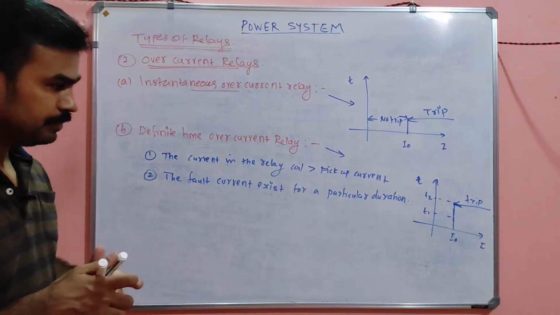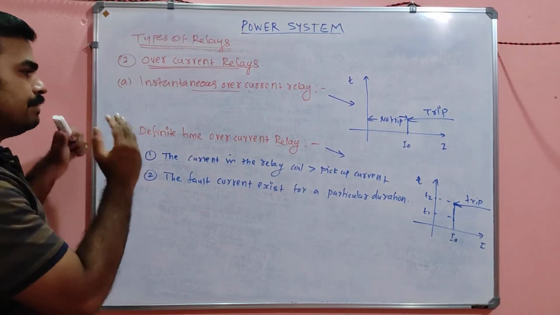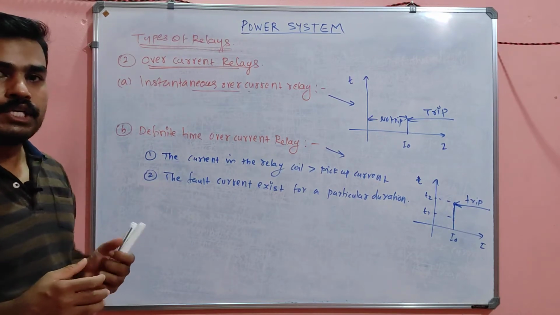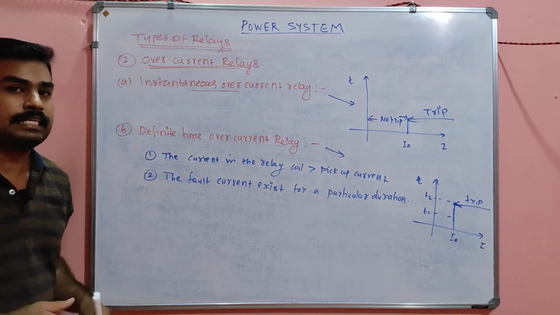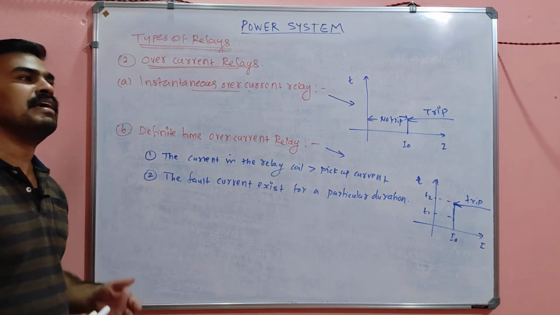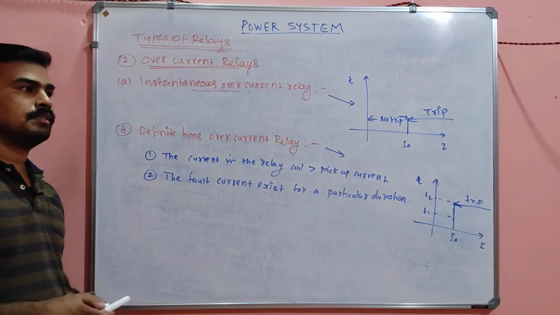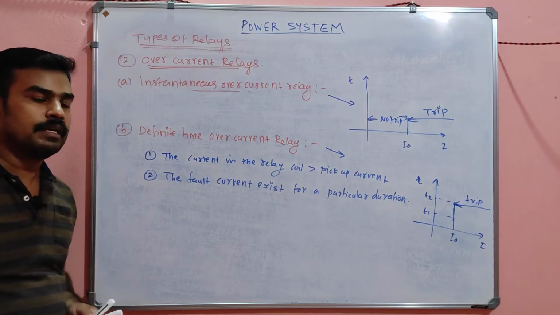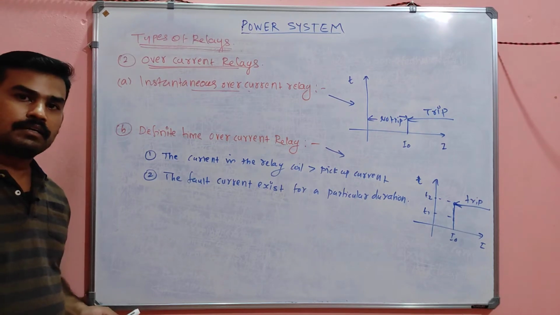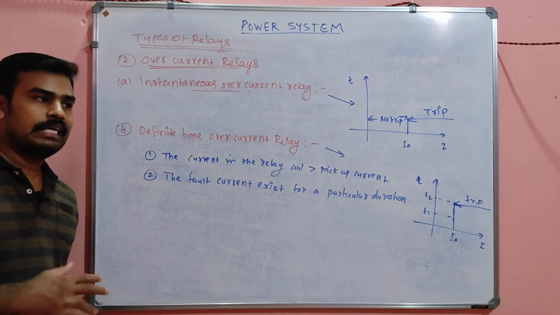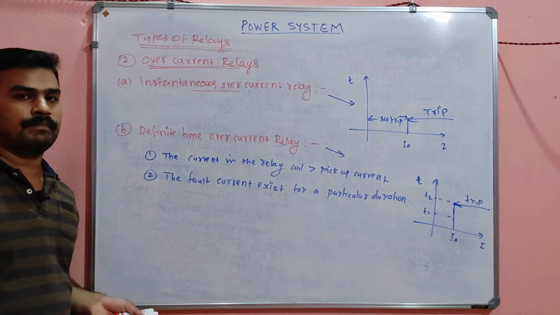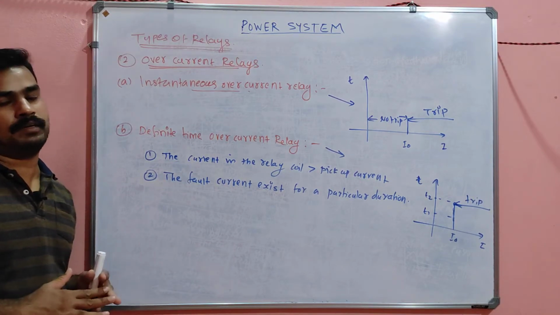I will explain now. So definite time overcurrent relay means, my dear, the relay should not operate instantaneously when the fault happens. There are many types of faults. One fault may be of very short duration. If it doesn't affect the system severely, then that fault can simply be neglected.